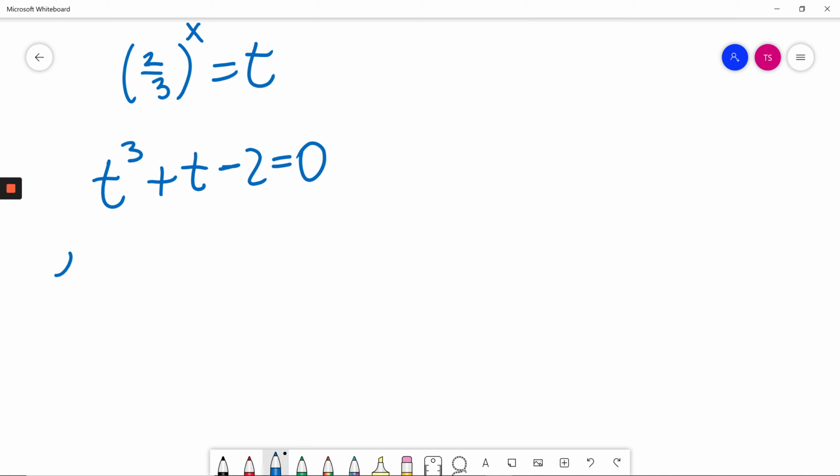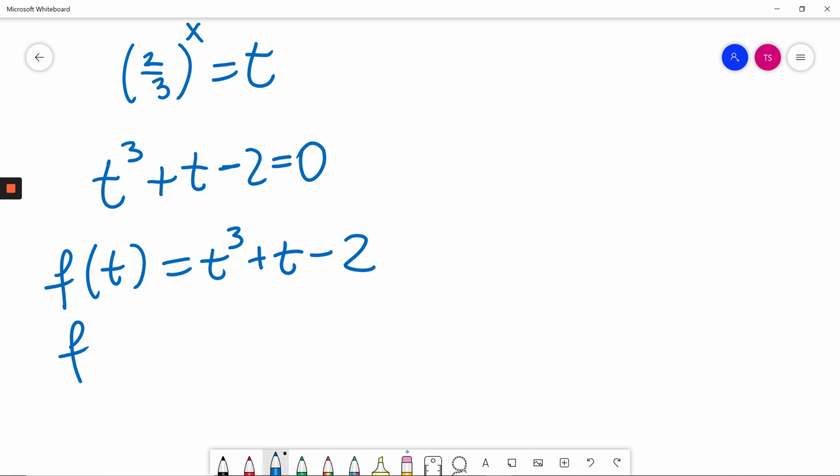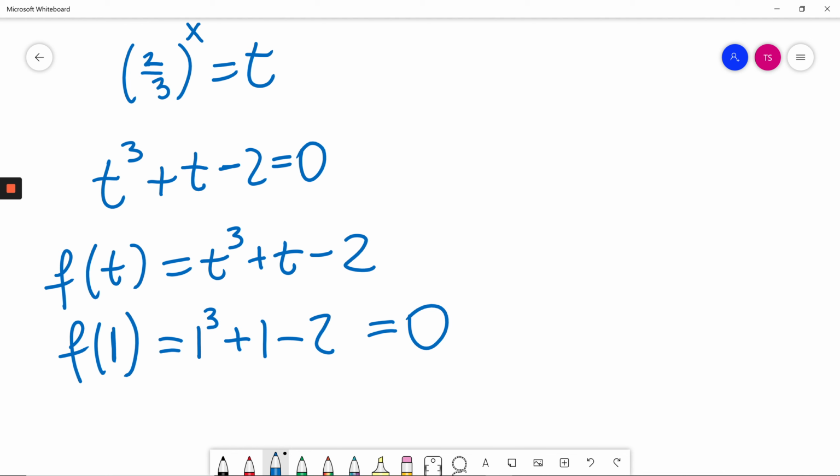If I call my function f of t, equal to t cubed plus t minus 2, I can calculate f of 1 when t is 1, and this will be 1 cubed plus 1 minus 2. I can see quickly this is equal to 0.